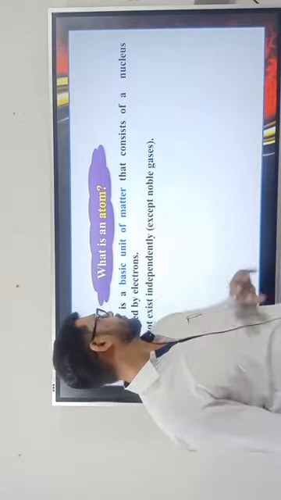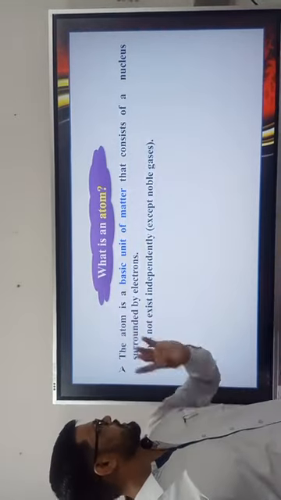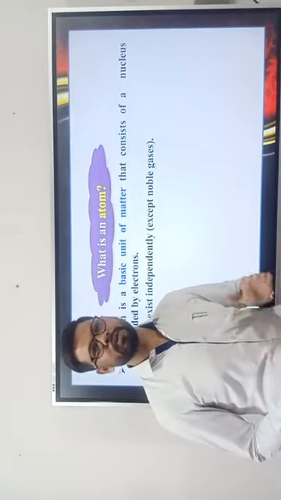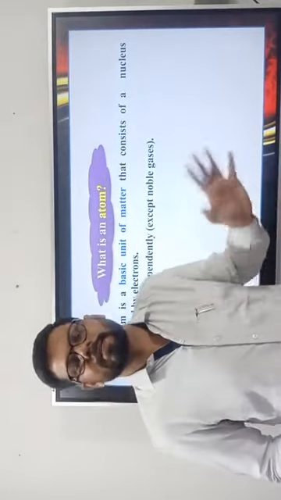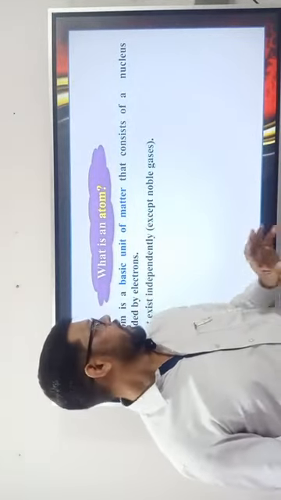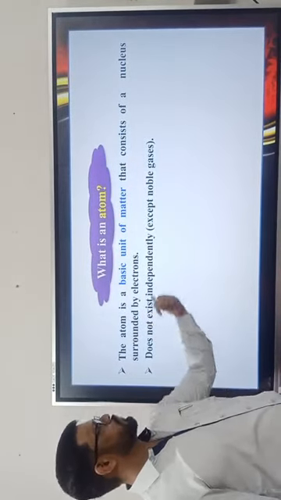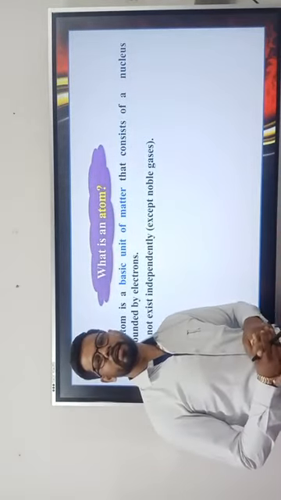We know that an atom doesn't exist independently, but there are some exceptions. We know that in chemistry or science nothing exists without exceptions. Likewise, atoms do not exist independently. Why?